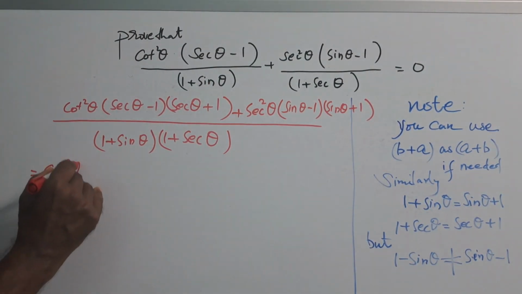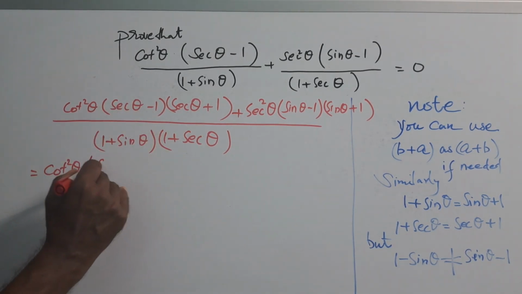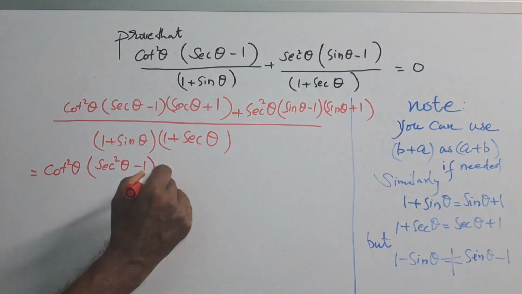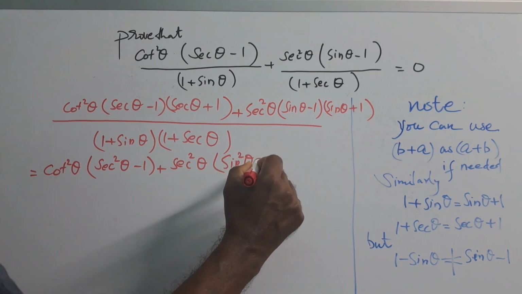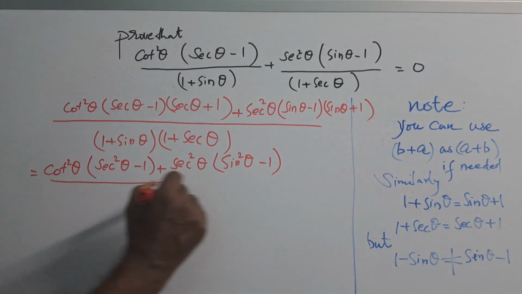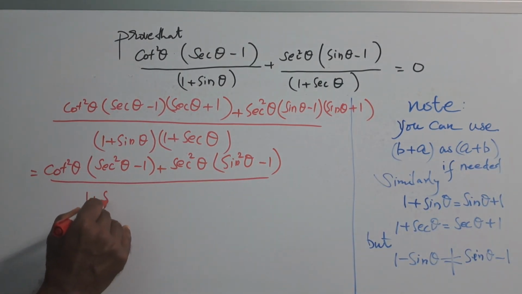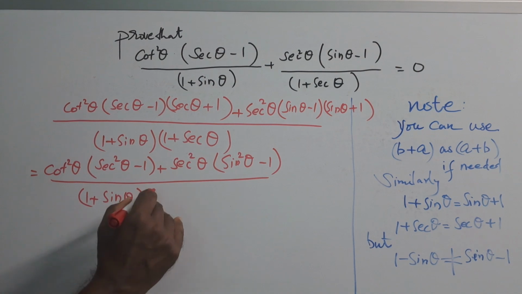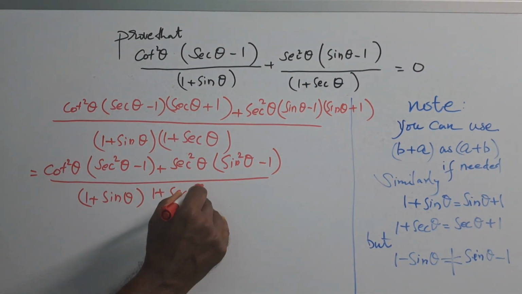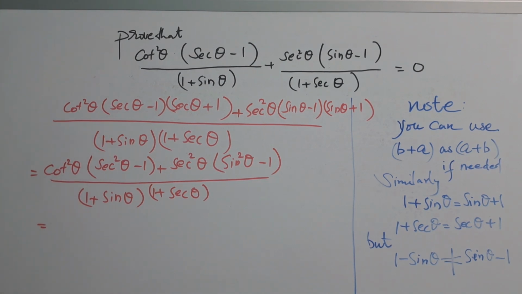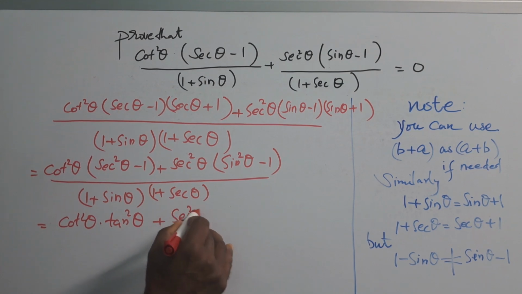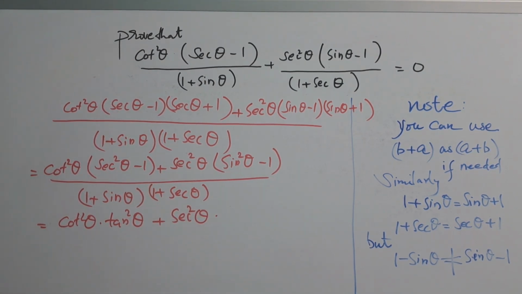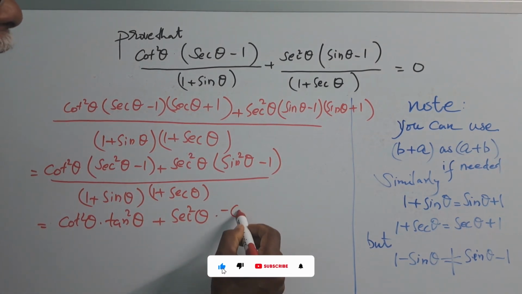So, cot square theta into (sec square theta minus 1) plus sec square theta into (sin square theta minus 1), the whole divided by (1 plus sin theta) into (1 plus sec theta) equals, sec square theta minus 1 is tan square theta: cot square theta into tan square theta plus sec square theta into, here it is minus cos square theta.